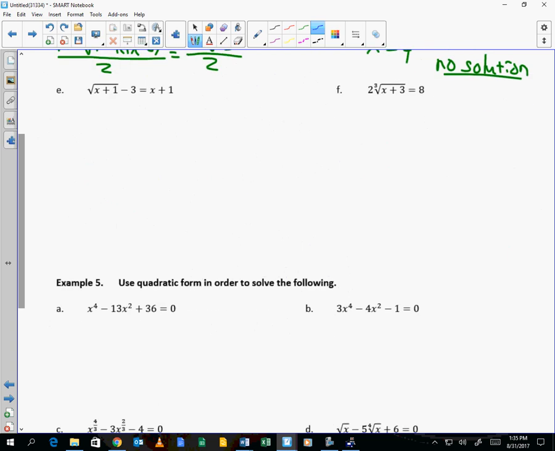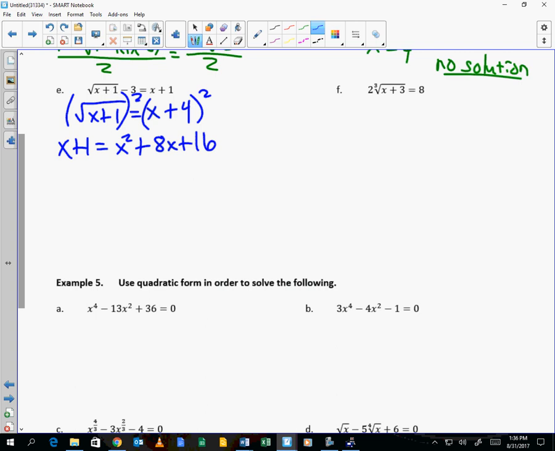That brings us to E. Square root of x plus 1 is x plus 4. How do we solve this? Square it. x squared plus 8x plus 16. Gather everything to one side. Does it factor?